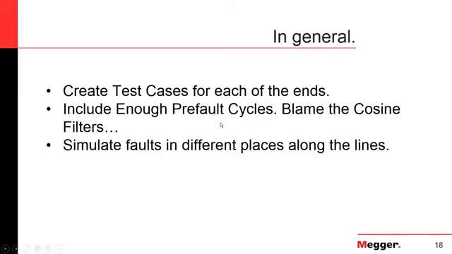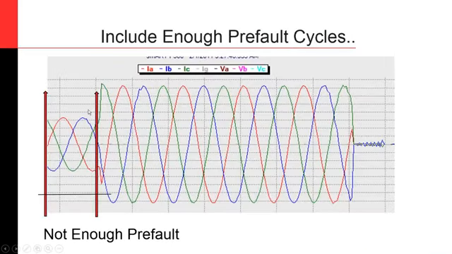Include enough pre-fault cycles. This is something that sometimes affects, and people don't understand why, especially with microprocessor relays. I'll talk about it a little bit later when you see the diagram, the oscillographies that I have to show. And also simulate faults in different places along the line. When I say include enough pre-fault cycles, I'm saying don't begin your test and maybe one cycle later go with the fault.